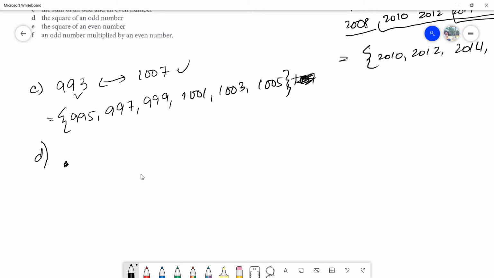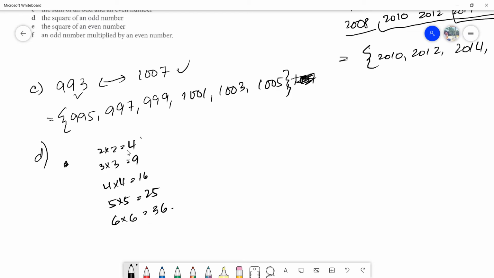First check: 2 times 2 is equal to 4. 3 times 3 is equal to 9. 4 times 4 is equal to 16. 5 times 5 is equal to 25. Sorry, and 6 times 6 is equal to 36.